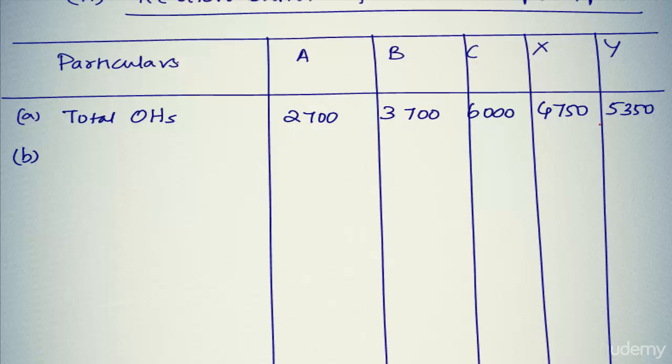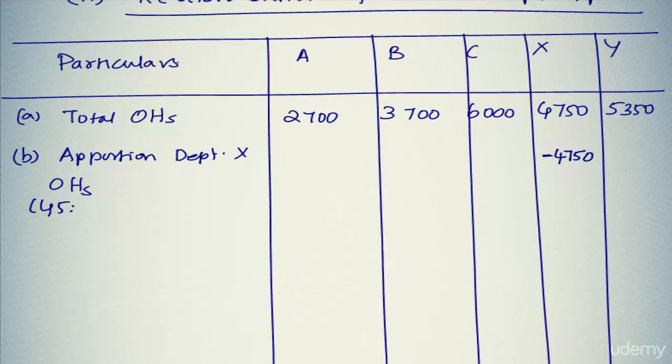What we have to do is apportion department X overheads. So we are going to apportion this 4,750, so I'll write minus 4,750, and this has to be apportioned in the ratio of 45:15:30:10.